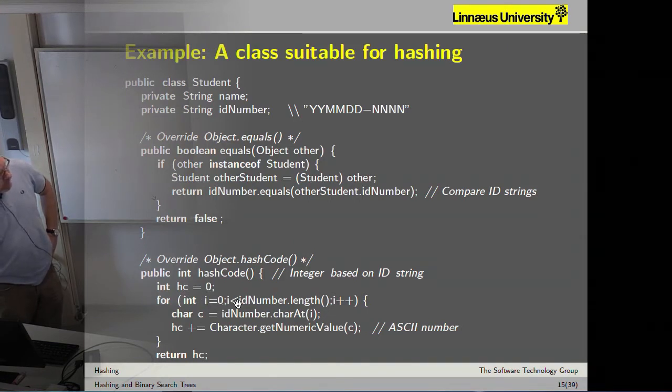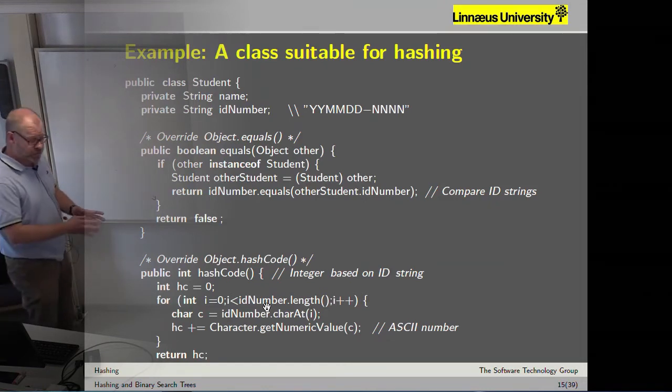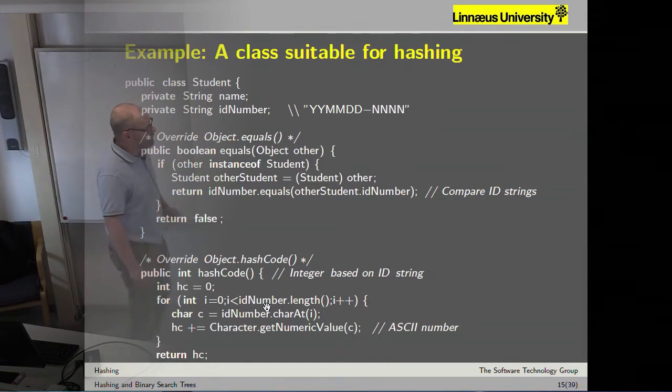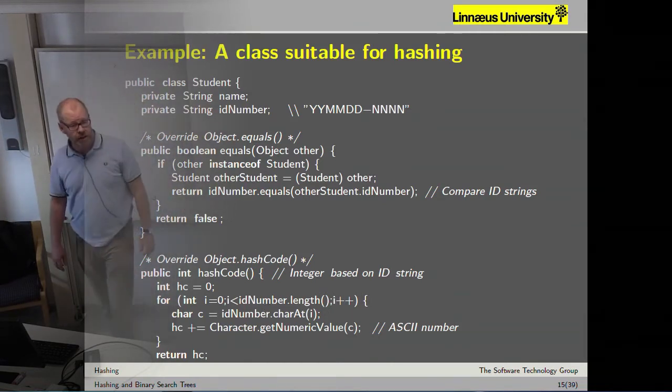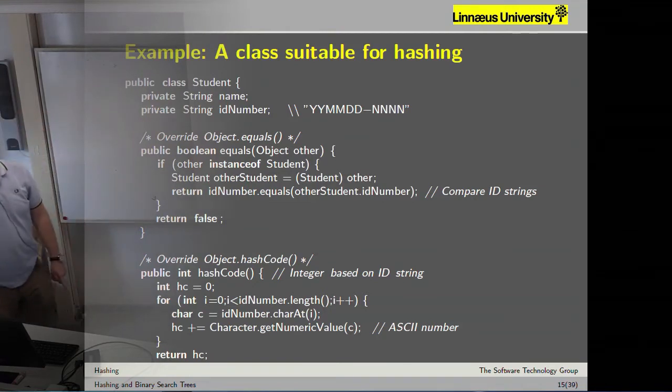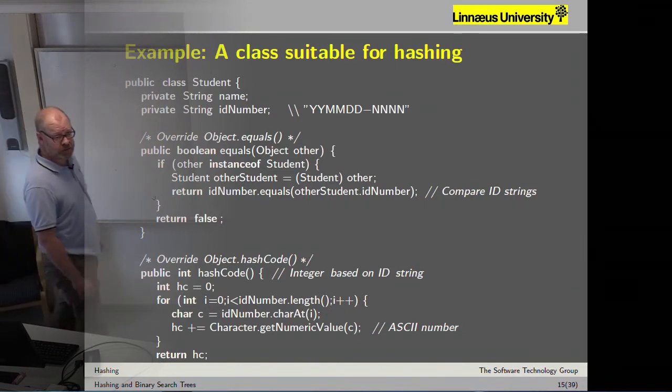Then I am iterating over the ID number, picking out one character at a time, converting the character to an ASCII number, and adding it to HC. So I am using the sum of the ASCII codes for the ID number string as my definition of a hash code. Two students having the same ID number will be considered equal in this case.